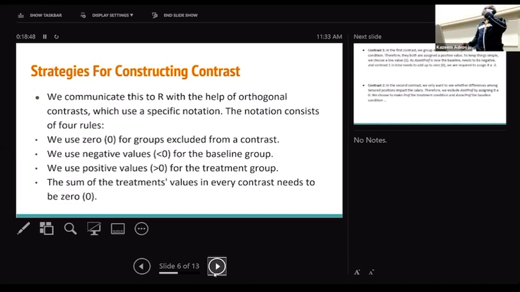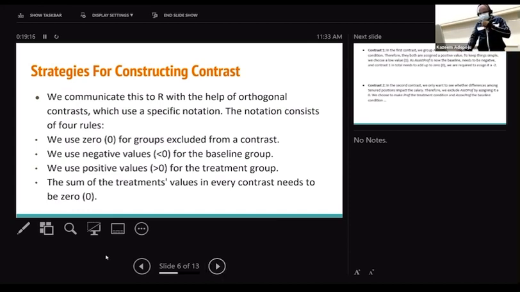Now, there's something I did not tell you on Friday, but I'm going to tell you today. We have a strategy for constructing contrast, where we need to set up what I call a contrast weight. Where a particular level has 0, it means we're not interested in that level.